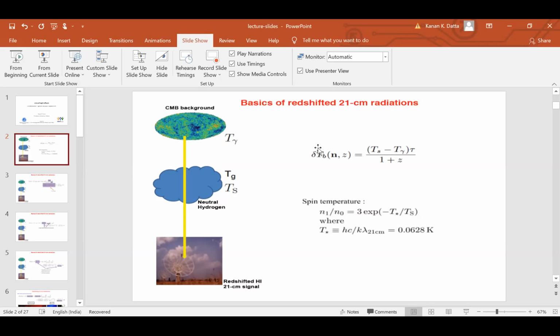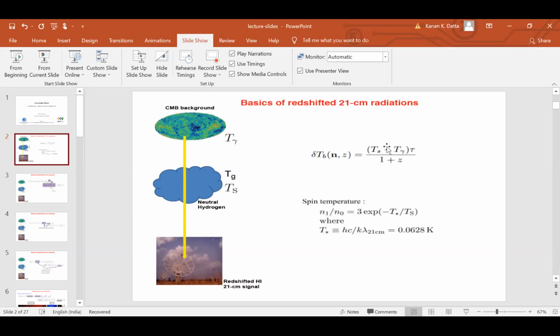This differential brightness temperature is the difference between the spin temperature and the CMB temperature, T gamma, multiplied by tau, the 21 centimeter optical depth, and the whole quantity is divided by 1 plus z because everything is redshifted if you are looking at a signal from redshift z. The detailed derivation you have already gone through in Somnath's talks.